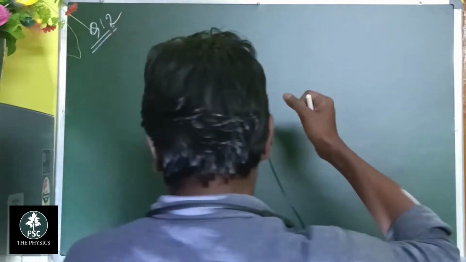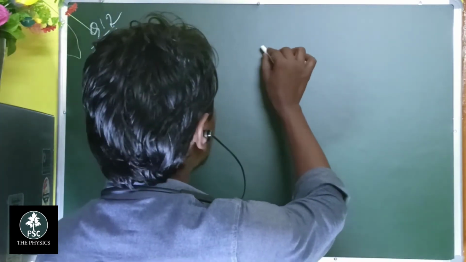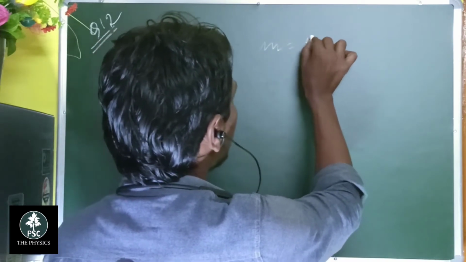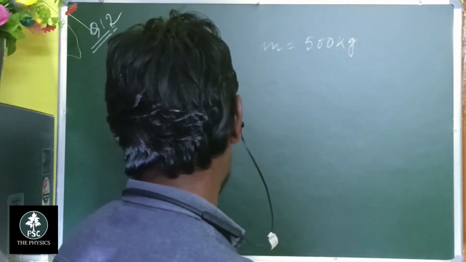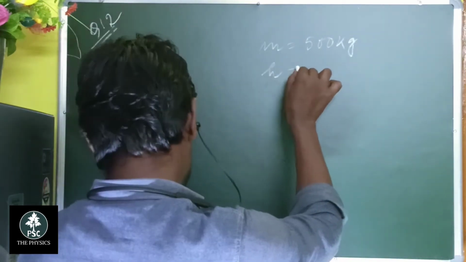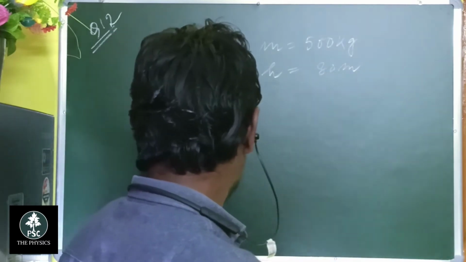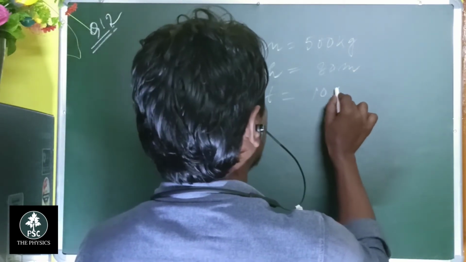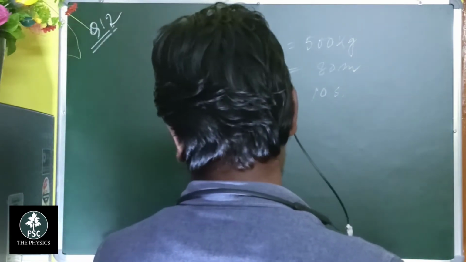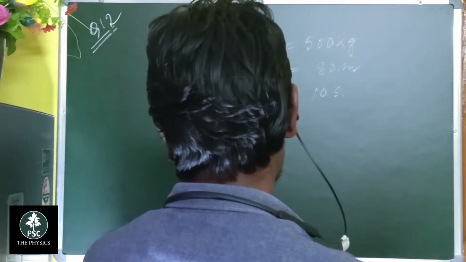A pump is used to lift 500 kg of water, so the mass is given, 500 kg, from a depth, so the height is also given, 80 meters, and the time is also given, 10 seconds. The first problem is to calculate the work done by the pump.